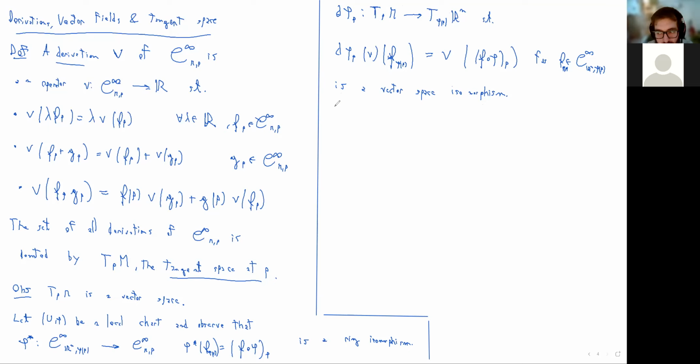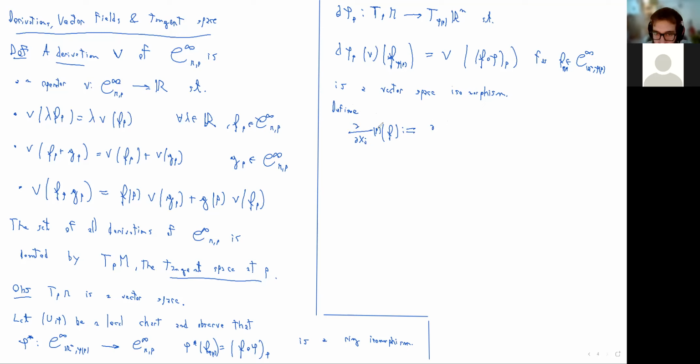So let's define some derivations at p. Define d/dx_j at p of f as the derivative. So this is just a symbol in a way.